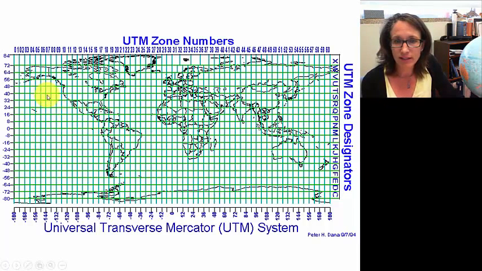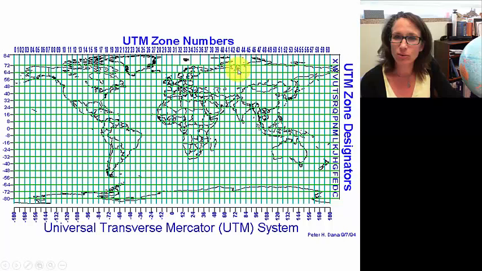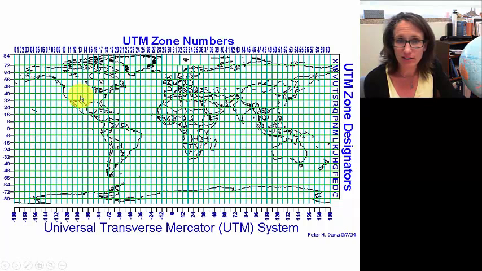Another really goofy thing is they do have some north-south designations, which are not necessary, because really all you need is, are you north or south, and what are your coordinates? So you don't need to say we're in zone 12W. But on your Garmin, it will tell you you're in zone 12S here in Grand Junction, which is just a little bit confusing because S can also be used to represent zone 12 south.